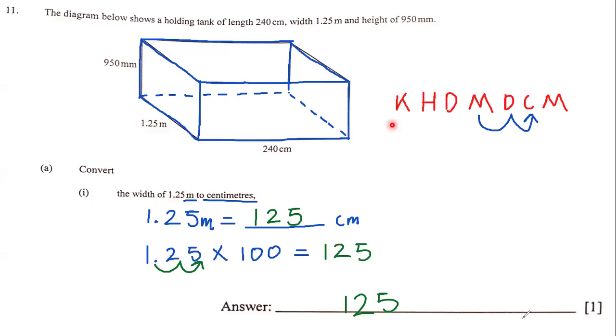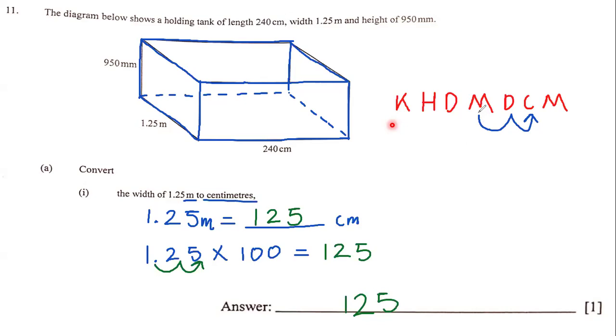So we have to use the acronym. The acronym is knock him down, minister. Don't commit murder. The M stands for meters. The C stands for centimeters. So if we look carefully, we're moving from meters to centimeters. How many times are we going to move over?